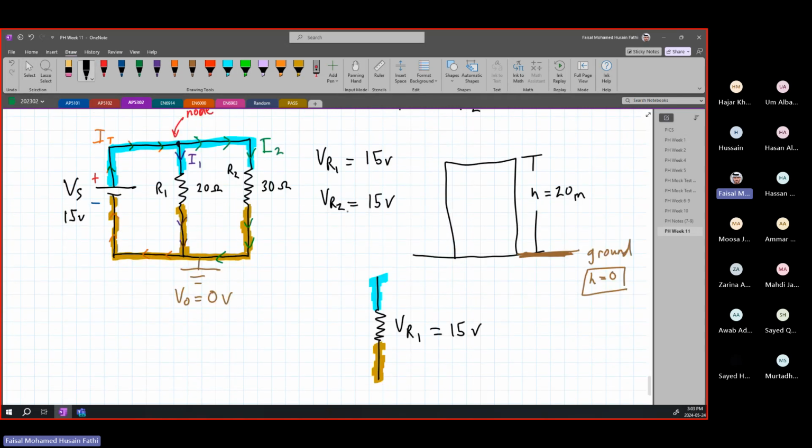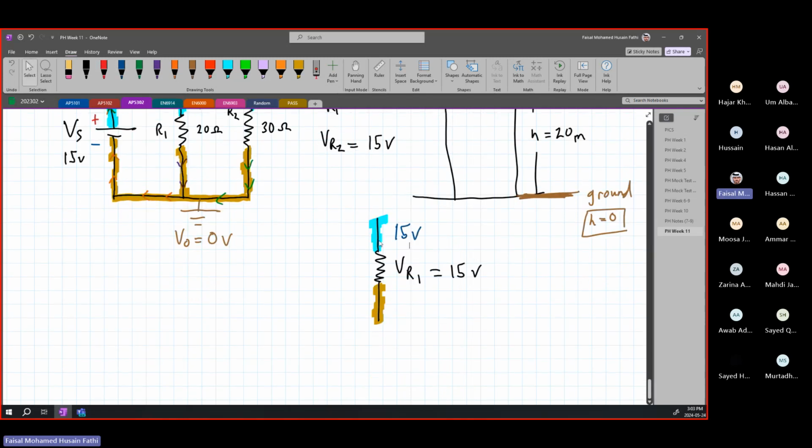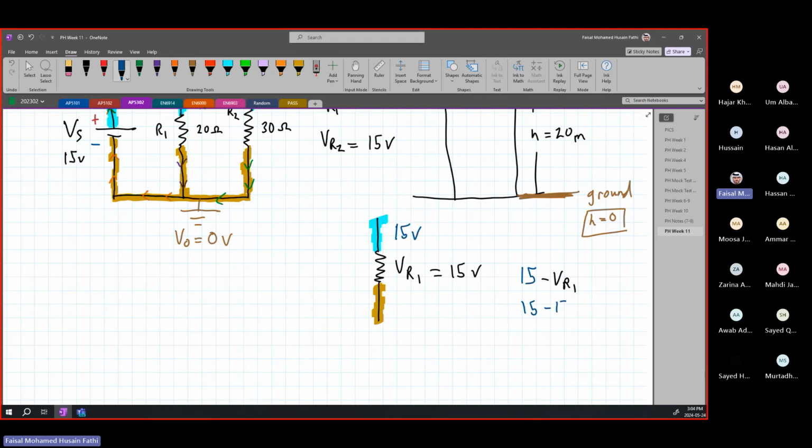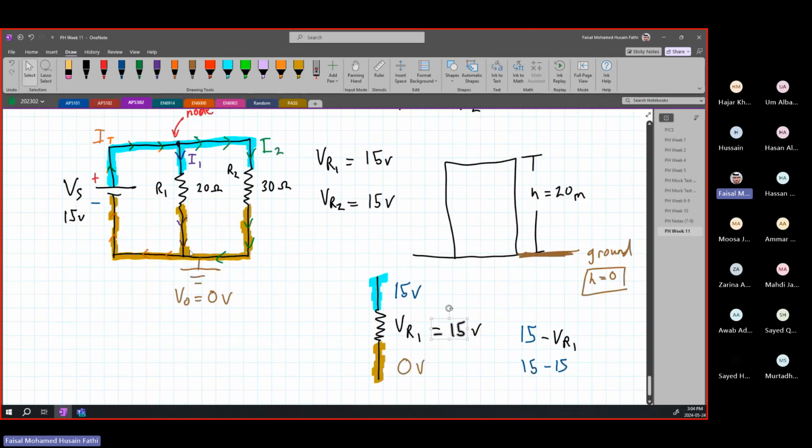There are 15 volts coming from there and 15 volts here, so we are dropping it by 15 volts. In other words, it is 15 minus VR1, the voltage drop because of VR1. So 15 minus 15 brings us to our ground voltage, which is 0. This is what is meant by a voltage drop. It means the voltage is changing when going from one point to the other.